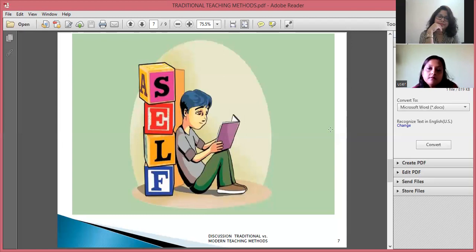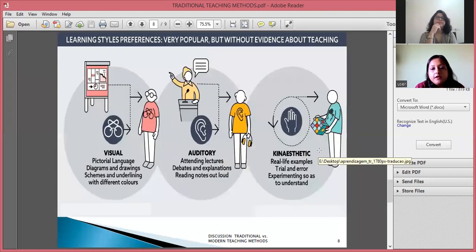Next picture. This is called VAK learning. V is for visual.